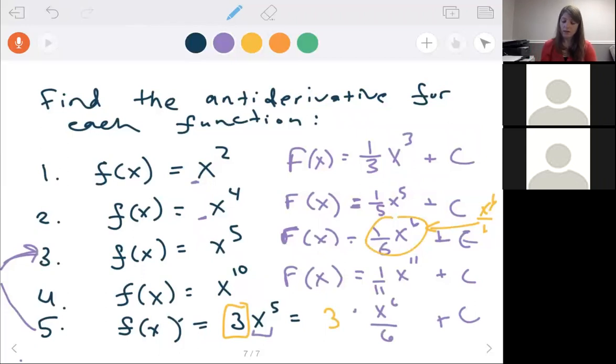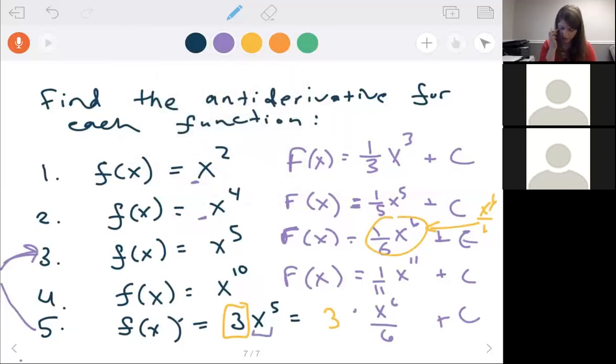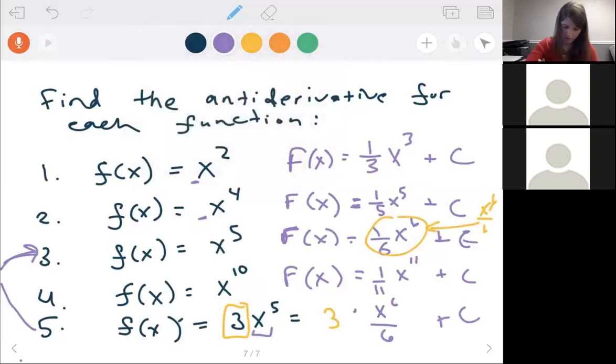But now, if we take a look at cleaning this up, 3 divided by 6 gives me 1/2. So I could clean this function up. I inadvertently made this a little bit sloppy. This was actually my antiderivative function here. I put an equals, but then didn't write the capital F of x. So we could write 1/2 x to the 6th plus c.